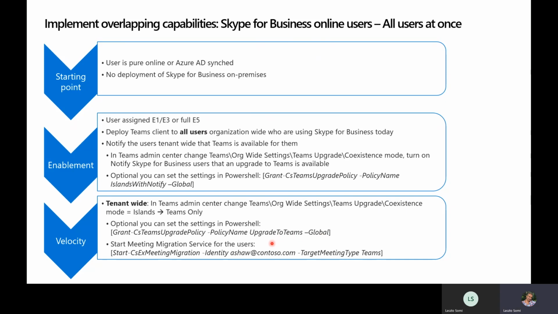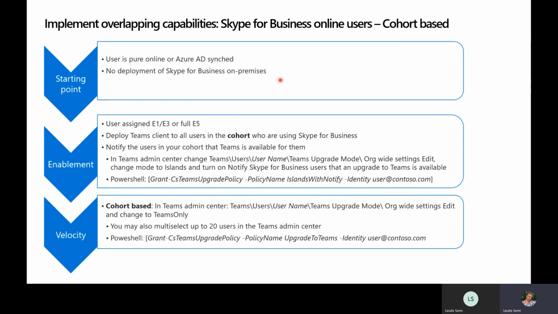And an optional step here is to start the meeting migration service for the users. I provide an example, Start-CsExMeetingMigration. When you make this change organization-wide, the meeting migration service does not trigger for the user. You need to trigger it manually from PowerShell for each user.